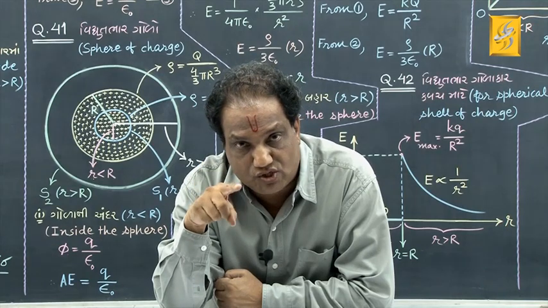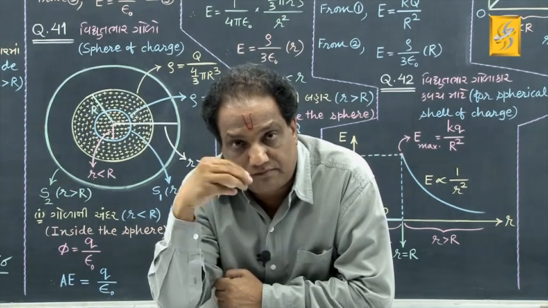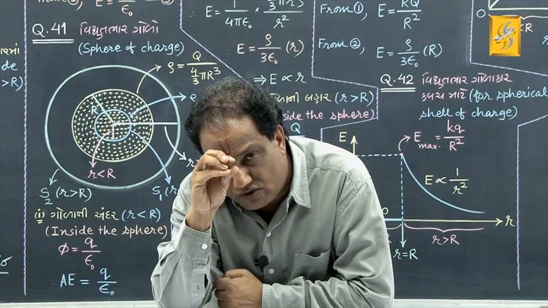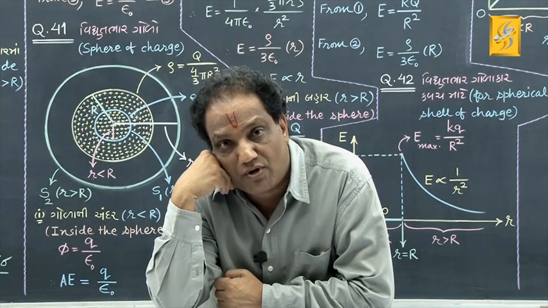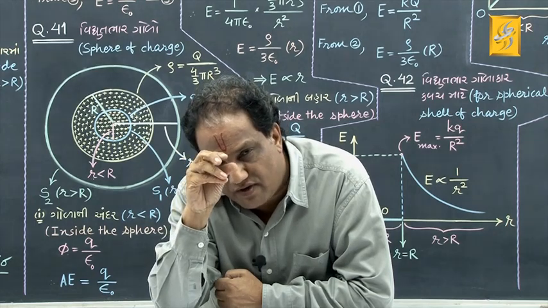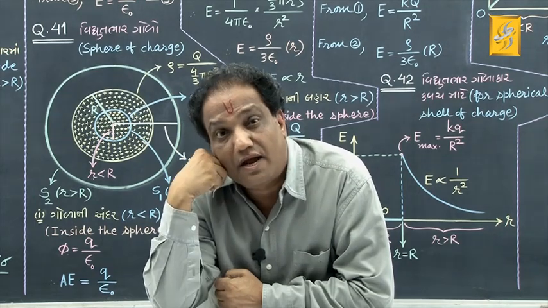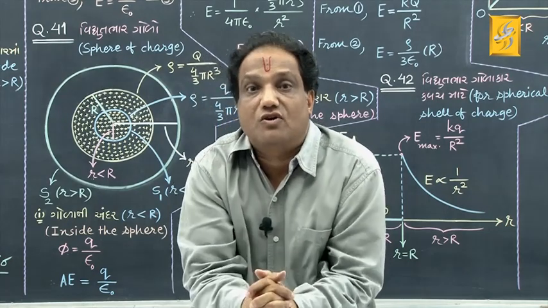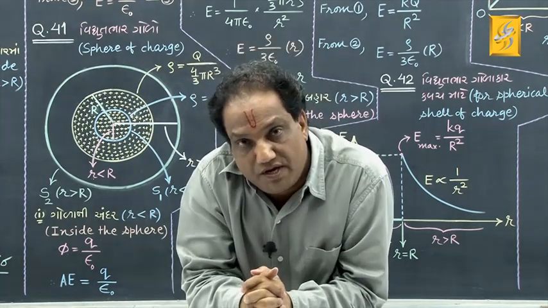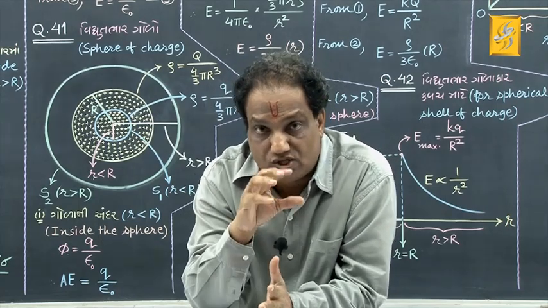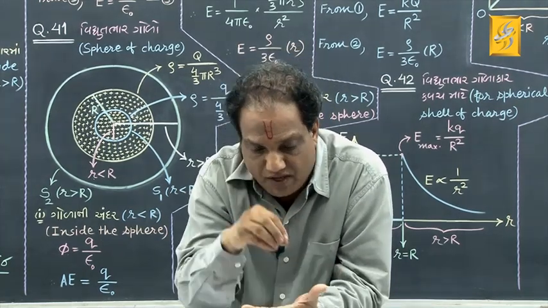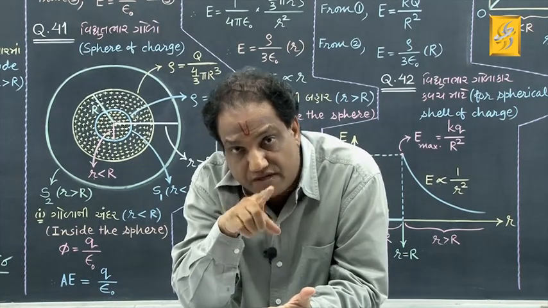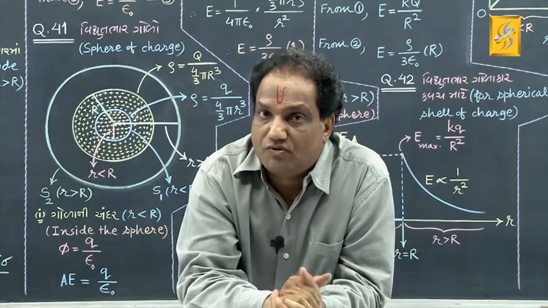If you consider the nucleus of an atom of any heavy element, then there are so many protons confined in a very small spherical volume, and because the protons are confined in a very small spherical volume, it forms a sphere of positive charges. Now, in case of this sphere of charge, what is the electric field inside the sphere, on the surface of the sphere and outside the sphere of charge?